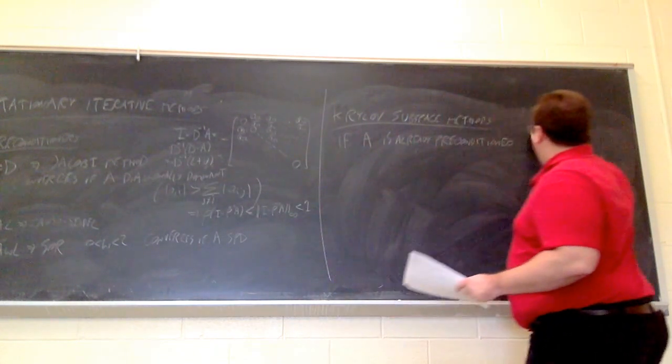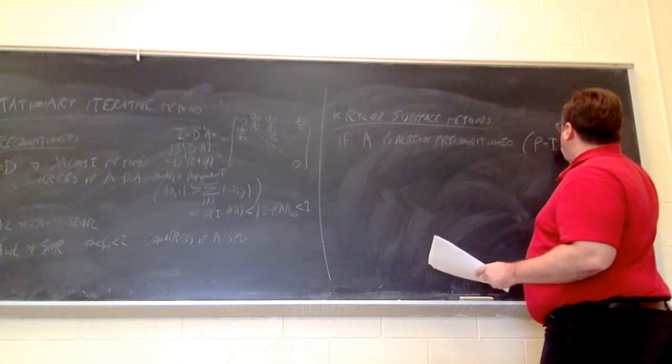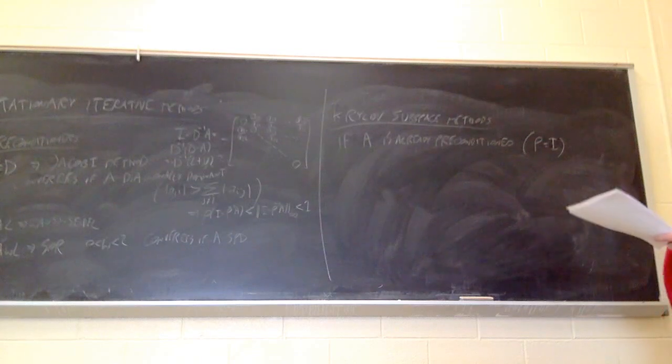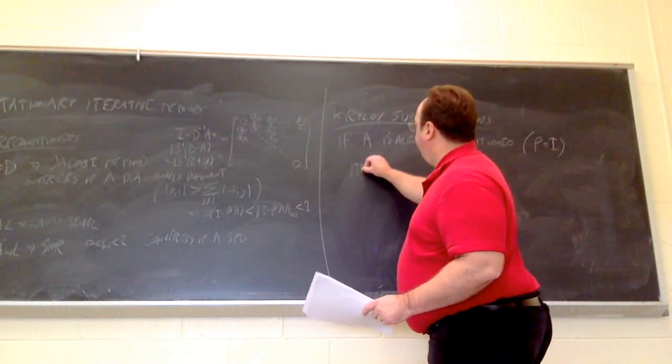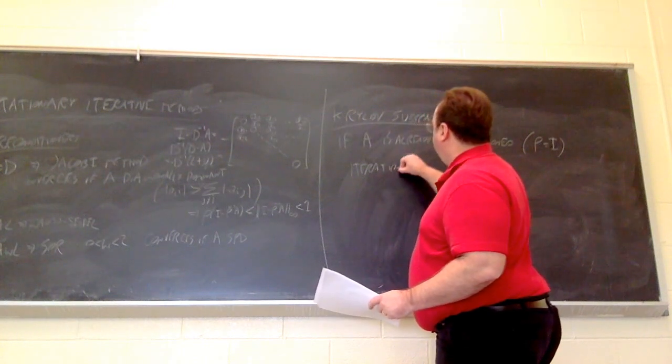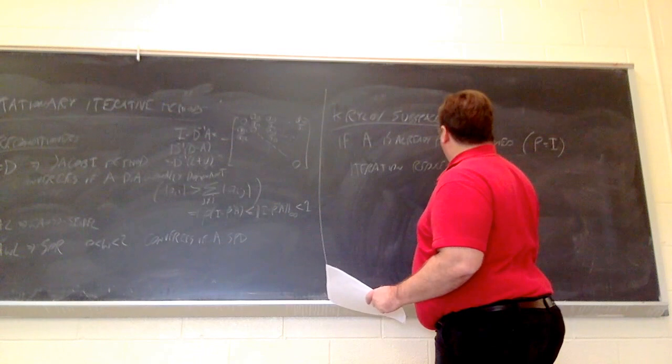In other words, P is equal to identity. Then what that means is the iteration that we've seen before takes a very simple form.